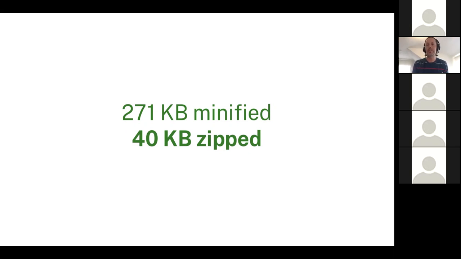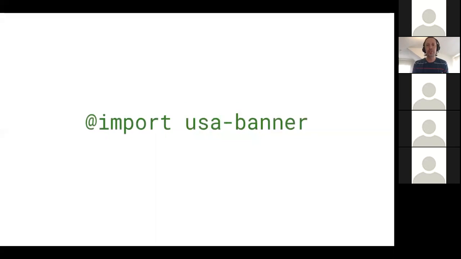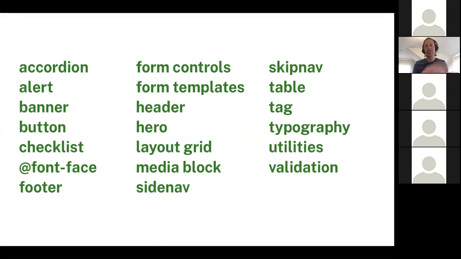But the addition of USWDS packages allows us to do something like just @import usa-banner. When you @import usa-banner, it looks at all of the code and begins to import the things that the banner needs. And this is not necessarily just all of the classes that begin with usa-banner.